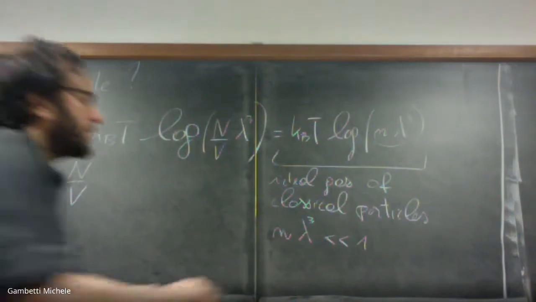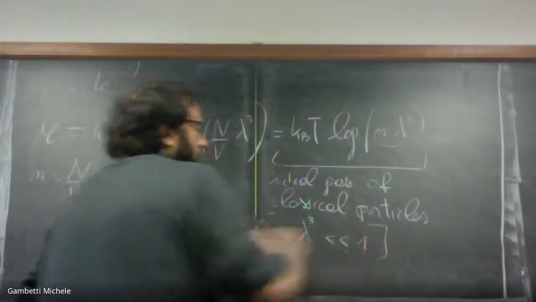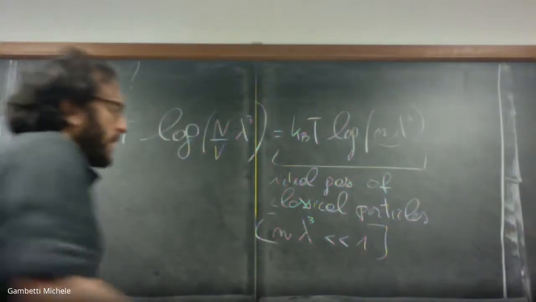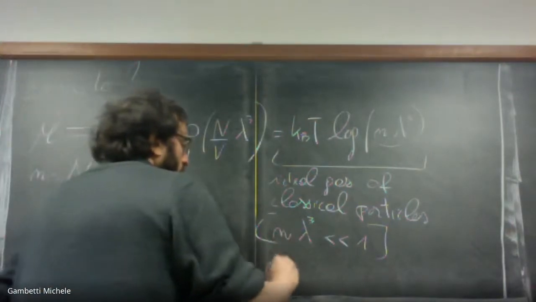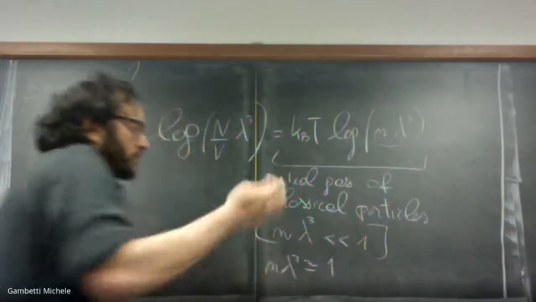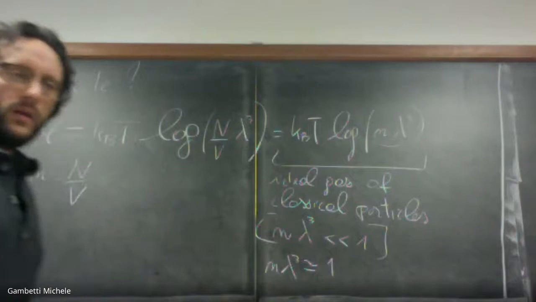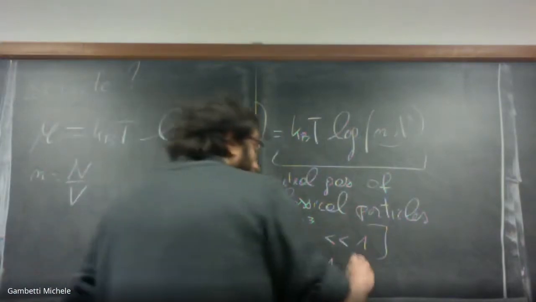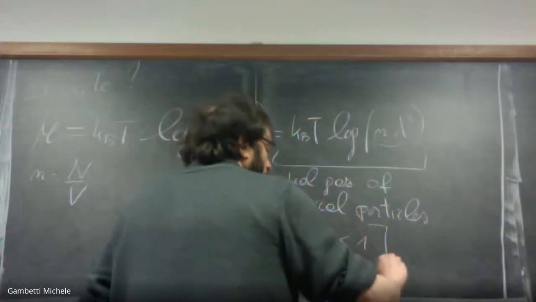This is the condition for which a classical description is correct. And of course, when n λ^3 is equal to 1, or close to 1, we are in the realm of quantum mechanics, so we cannot use this formula anymore. Here we will have quantum corrections.